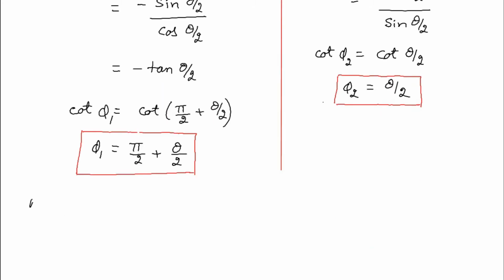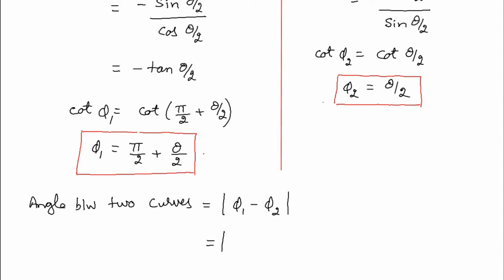So we know the formula, angle between two curves. So the angle between two curves is nothing but modulus of phi 1 minus phi 2. So this will be equal to, just plug in the value of phi 1.